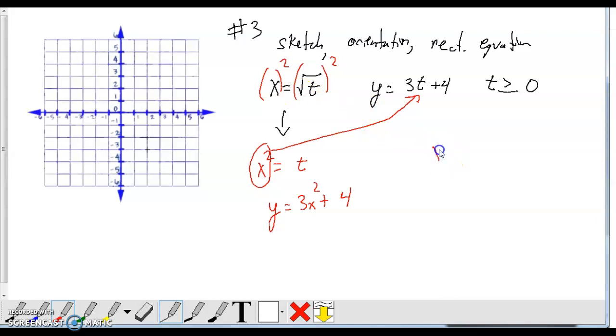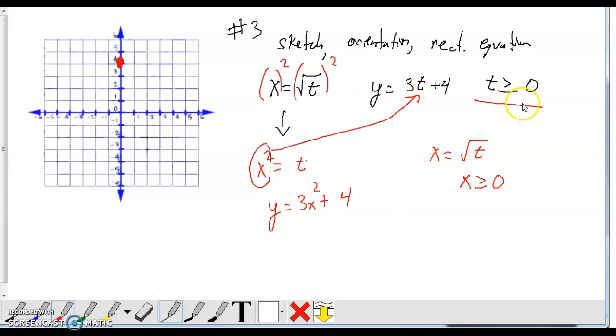If I look back at my first equation, where t was greater than or equal to 0, the reason we did that is because I can't plug in a negative value for x, which means x has to be greater than or equal to 0. So I can just start with x equal to 0. If I plug a 0 in right here, 0 squared is 0, 0 times 3 is 0, 0 plus 4 gives me 4. So I start at the point 0, 4.